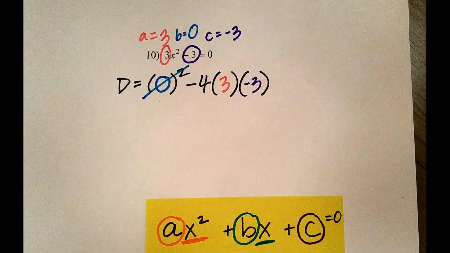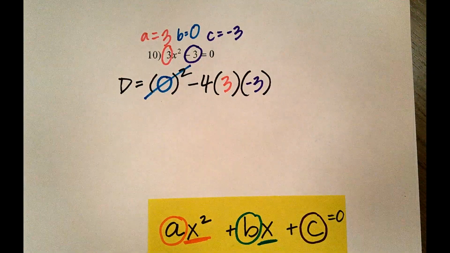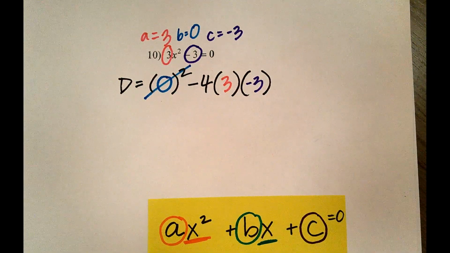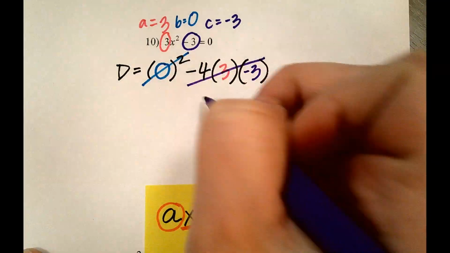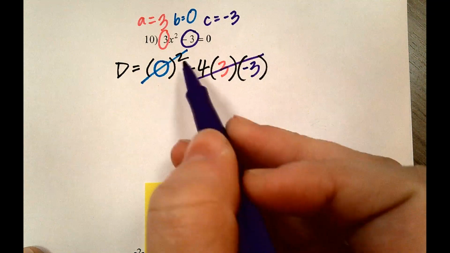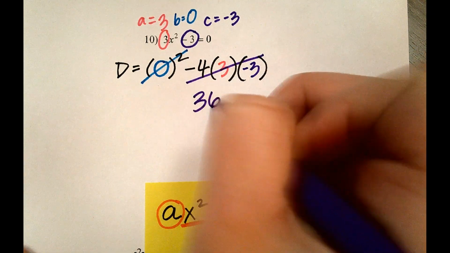Then you're going to multiply -4 by 3 and -3 and get 36. Positive 36, right? Negative and a negative. Yes, because the two negatives cancel, they become positive.